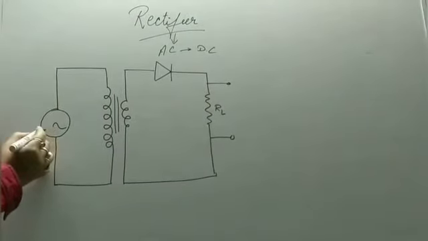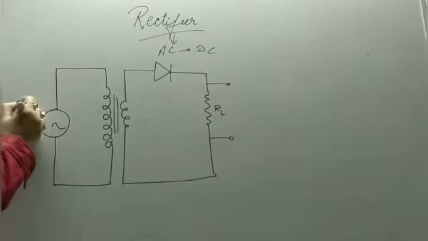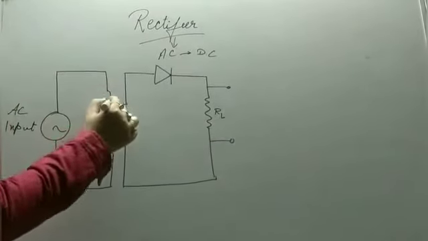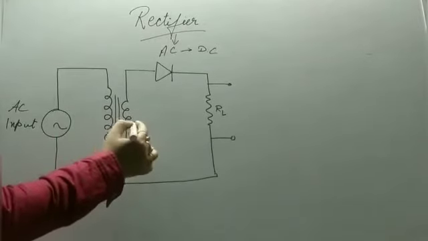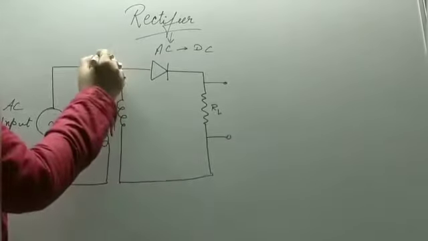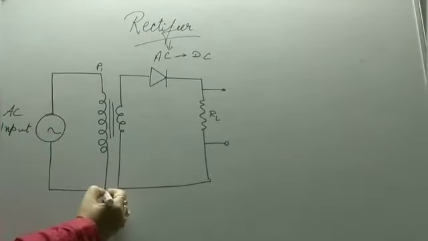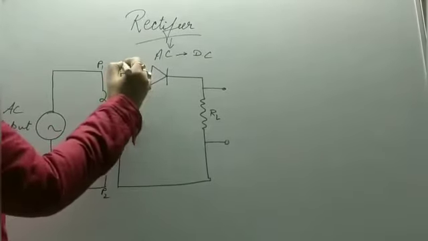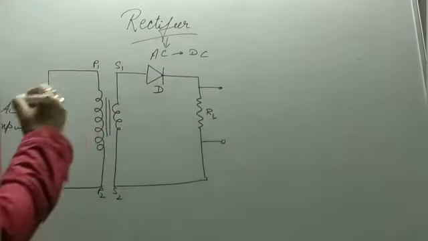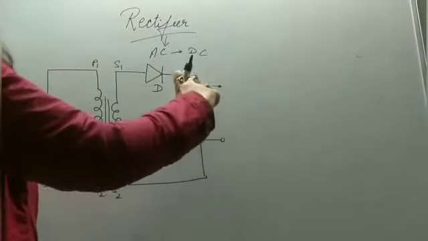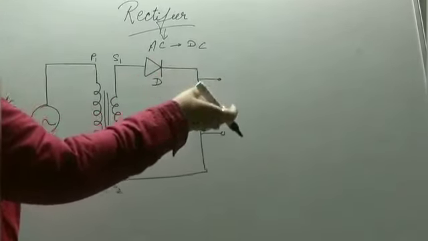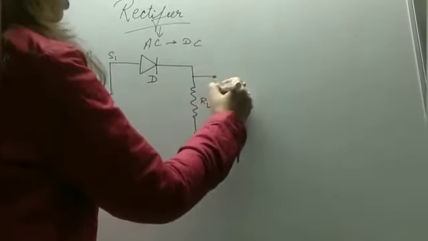This is the symbol of the oscillator. This is your AC input and this is your transformer, a step down transformer, because we have to decrease the voltage. This is P1, P2, the primary of the transformer, and this is the secondary of the transformer. This is your diode and here we put any load. Anything you can put, a light or your mobile charger, anything, where we get the output.